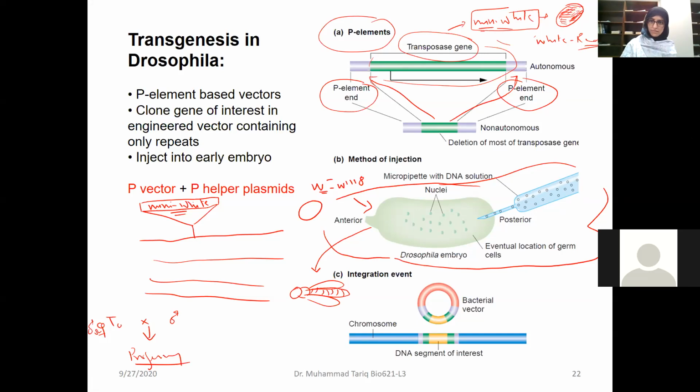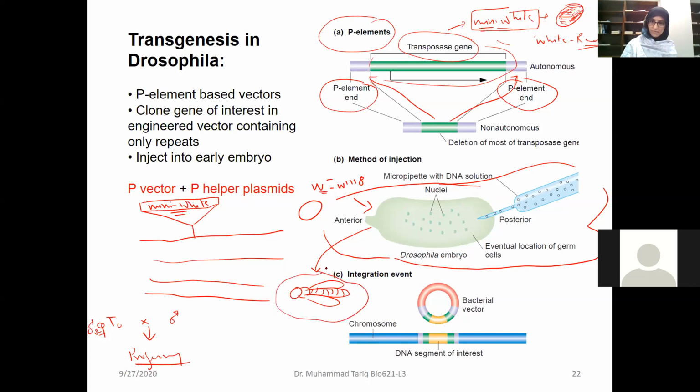Why white? Because the gene was inserted in the germ cells of the embryo. Yeah. So the embryo itself should be white.